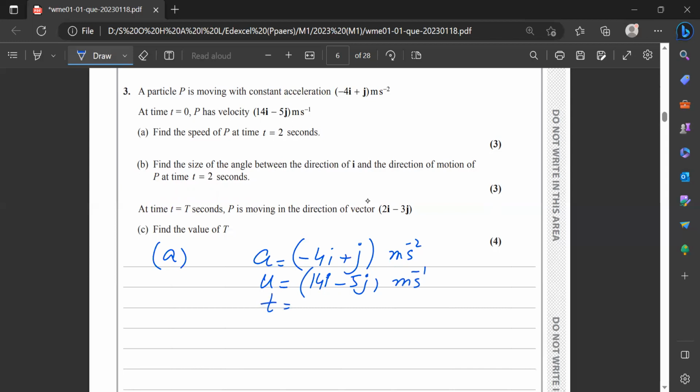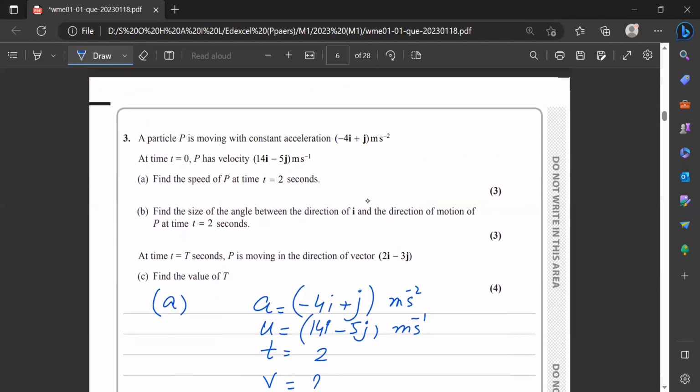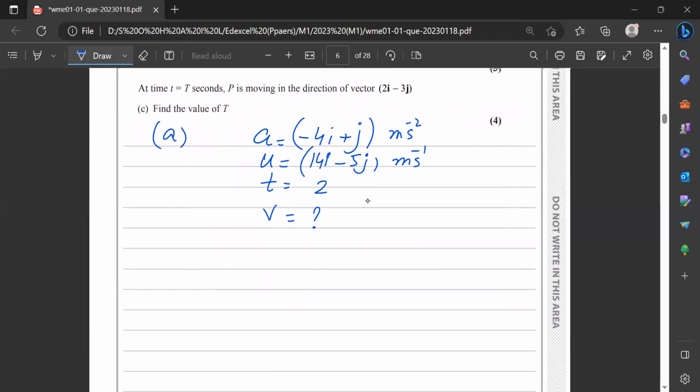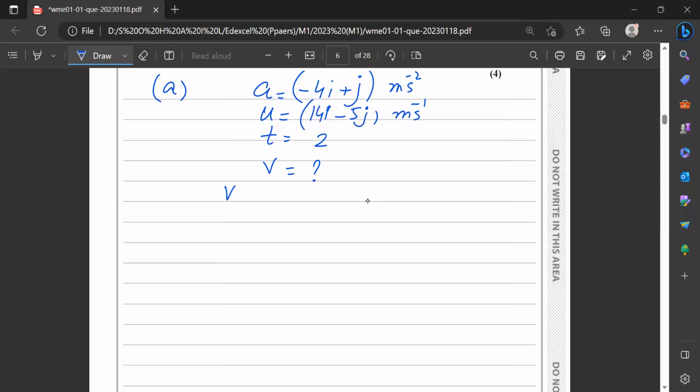The time is 2 for part a. The question is find the speed. So first we'll find the velocity, and then you can find the speed by finding the magnitude of that. So v equals u plus at.